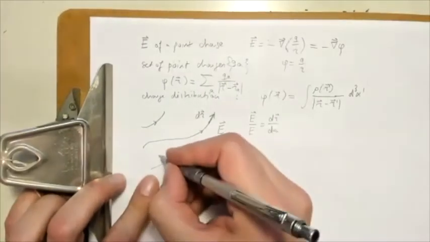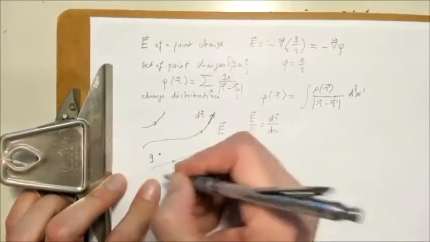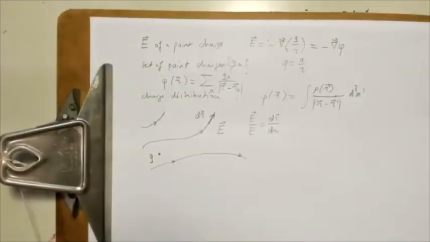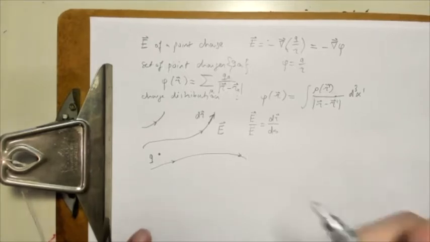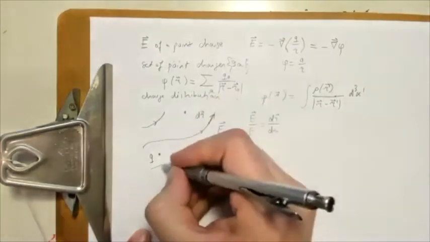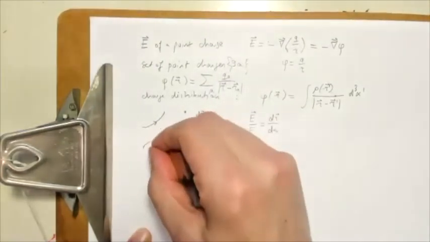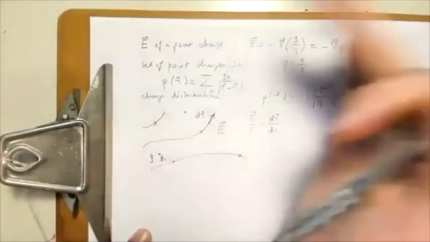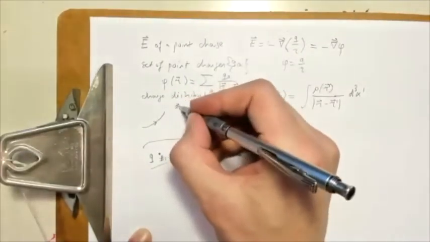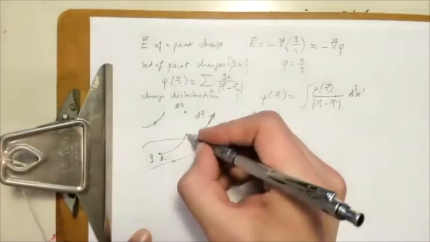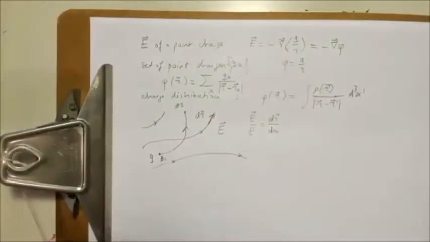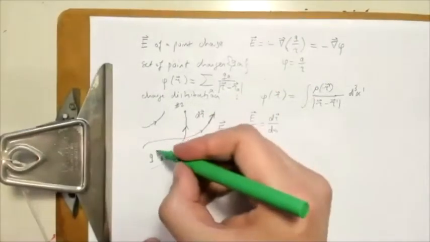So let's say we have some kind of an object here, some Q, and we're going to take it from position 1 to position 2. All right. So take our path like this. So take the green path.